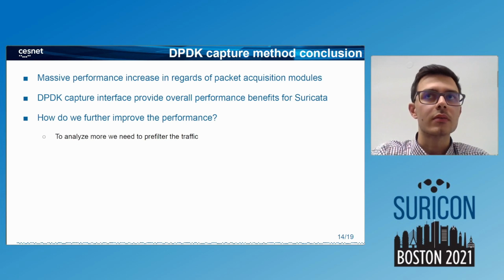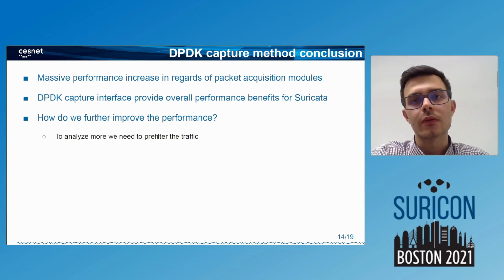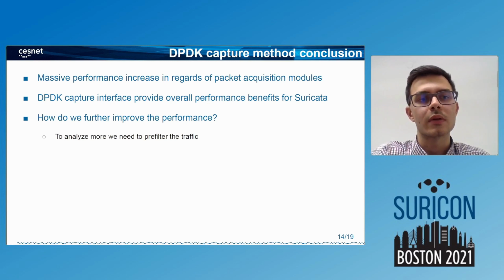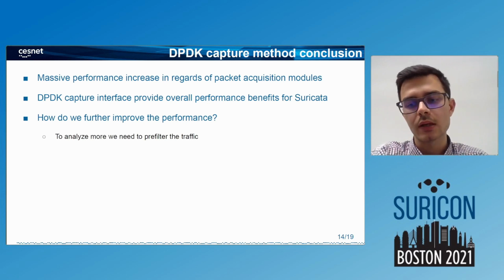Now, the implementation of the packet capture module was one thing, but we need to rather focus on ways to pre-filter the traffic, how to help Suricata to not inspect all the traffic.